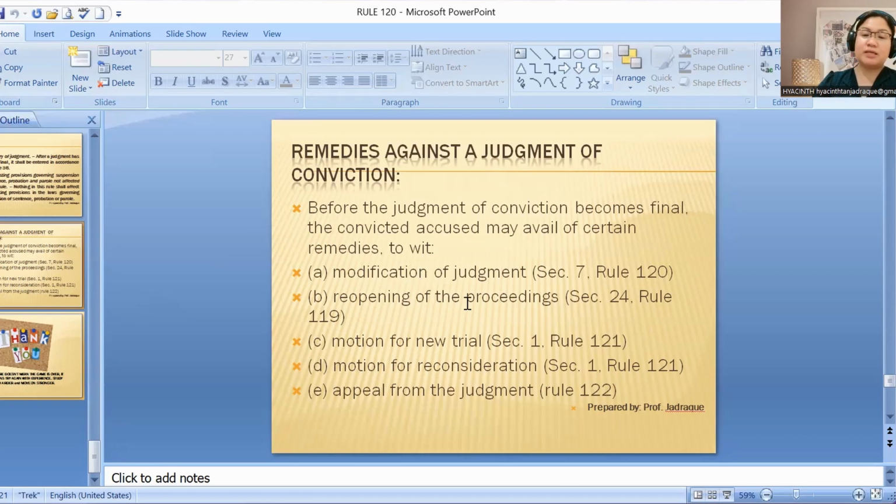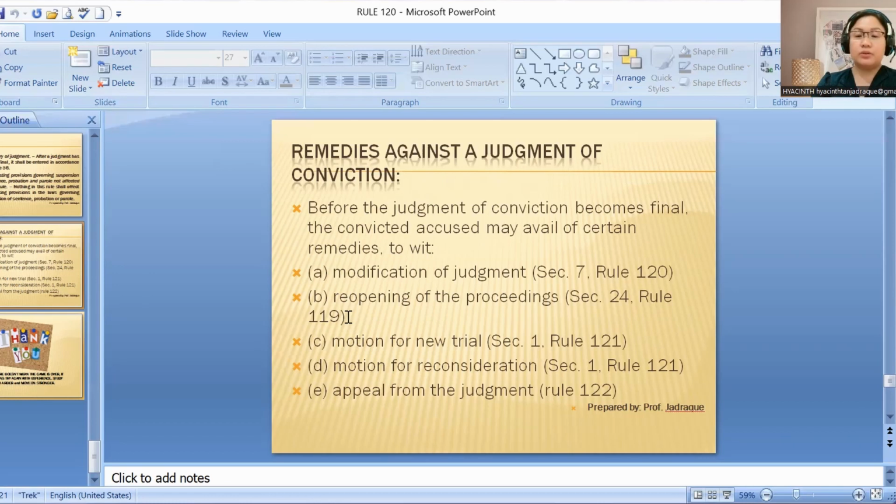Reopening of the proceeding in Rule 119. That would be subject to the discretion and approval of the court depending on the circumstances. Usually the reason is to prevent manifest injustice on how the proceeding was done by the court before.